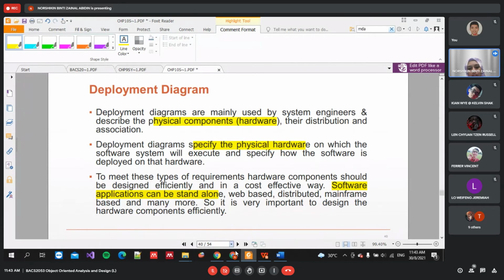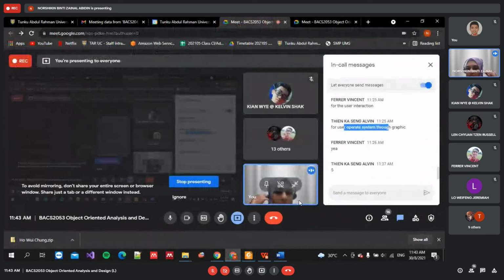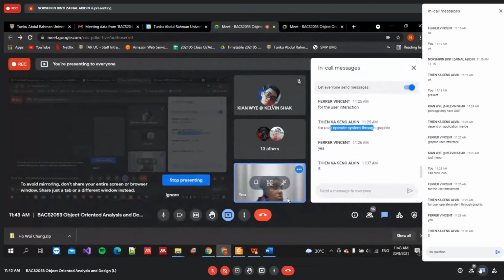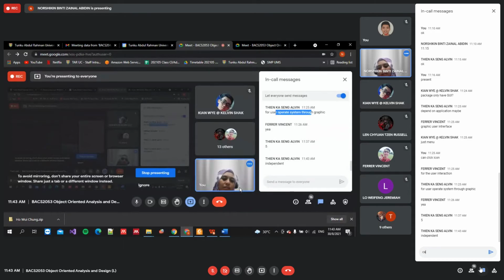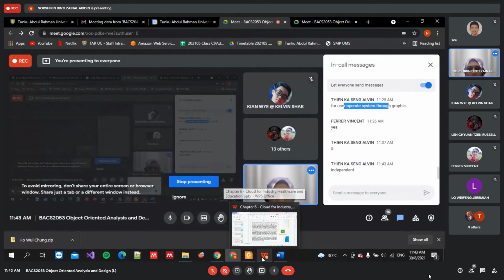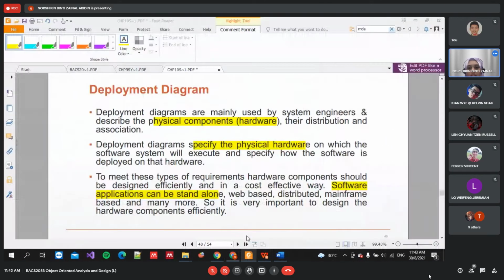So class, since it's mentioned here, what is standalone software? Jeremiah, but yeah, Alvin, thank you. It is independent. From the term, standalone means independent.